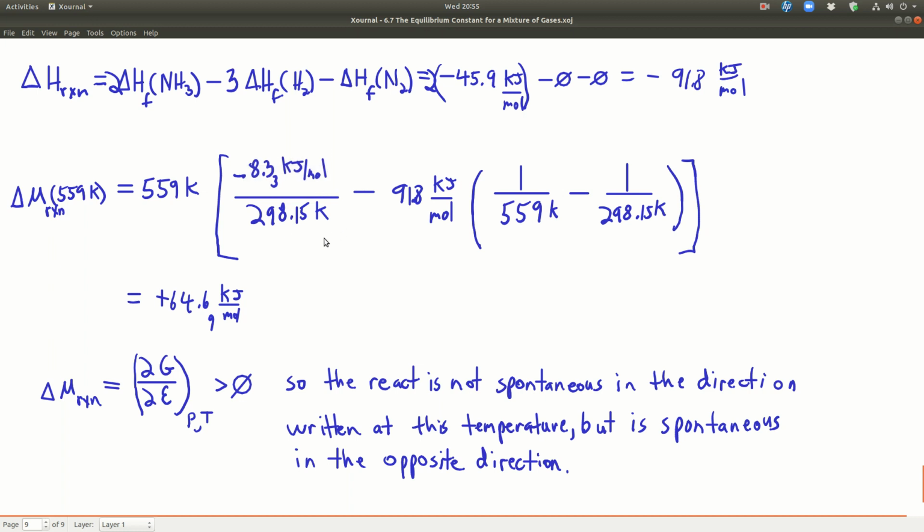Plugging in, please check my calculations, but I think I get 64.7 or so kilojoules per mole. The thing about that is that's a positive number, which tells us that partial G with respect to extent is positive, and that means that this reaction at this temperature will not be spontaneous in the direction written, but in the opposite direction.